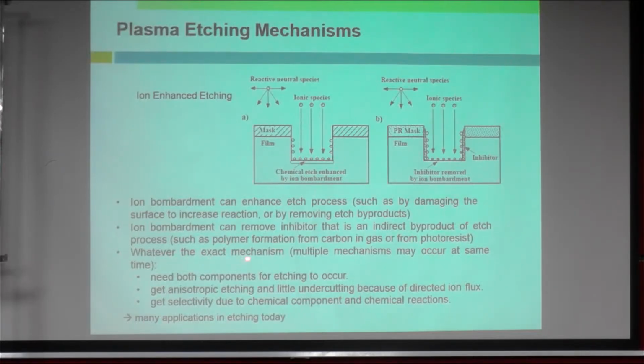Whatever the exact mechanism, multiple mechanisms may occur at the same time, and you need both components for etching to occur, whether chemical etching or physical etching. You get anisotropic etching and little undercutting because of the directed ion flux, so it is a kind of straight movement of the ion, and you get selectivity due to the chemical component and chemical reaction as well.